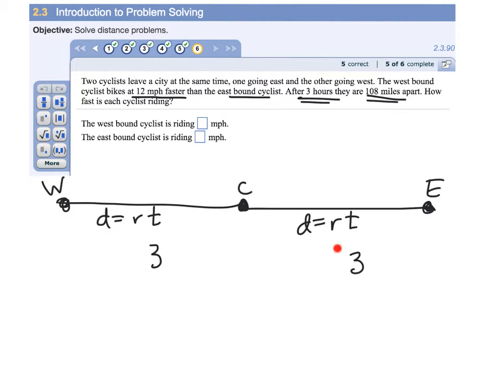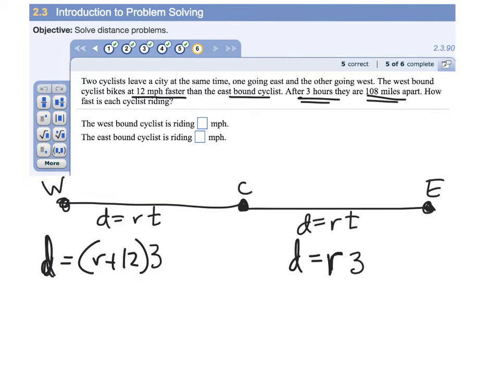If the eastbound guy is traveling 100 miles an hour, then the westbound is 112. You just add 12 to it. So if the eastbound cyclist was traveling at r miles per hour, that means the westbound cyclist is traveling at r plus 12.